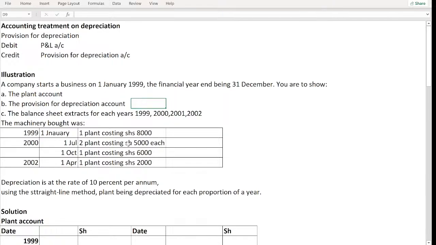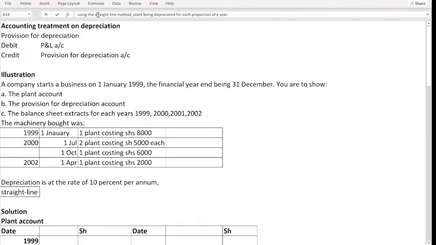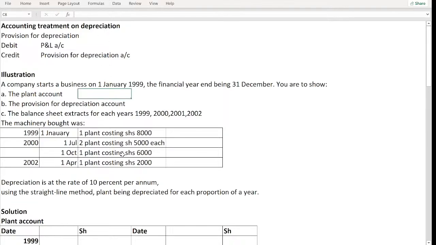We bought two, each for 5,000, on 1st July. Then on 1st October, another one for 6,000. In 2001 we don't have any, and in 2002 another one for 2,000. We are told that depreciation is at a rate of 10% per annum. We use the straight line method, with depreciation for each machine proportioned for the year. So this is the straight line method that we are going to use.